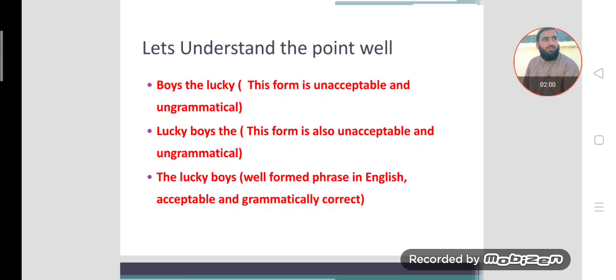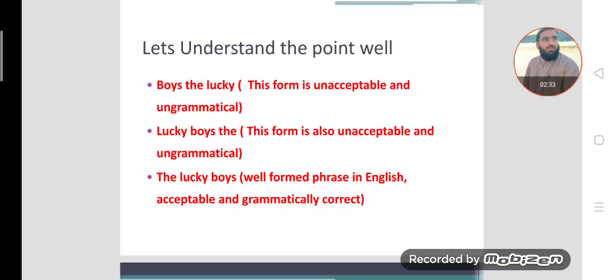Examples are there. "Boy is the lucky": this form is unacceptable and ungrammatical from the grammar point of view. "Boy is the": this form is also unacceptable and ungrammatical. "The lucky boys": a well-formed phrase in English, acceptable and grammatically correct. Why is this correct? How do we know that the last one, "the lucky boys", is correct?